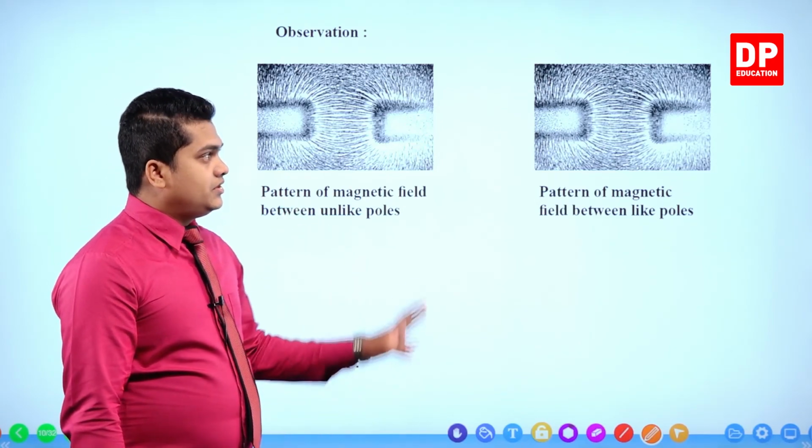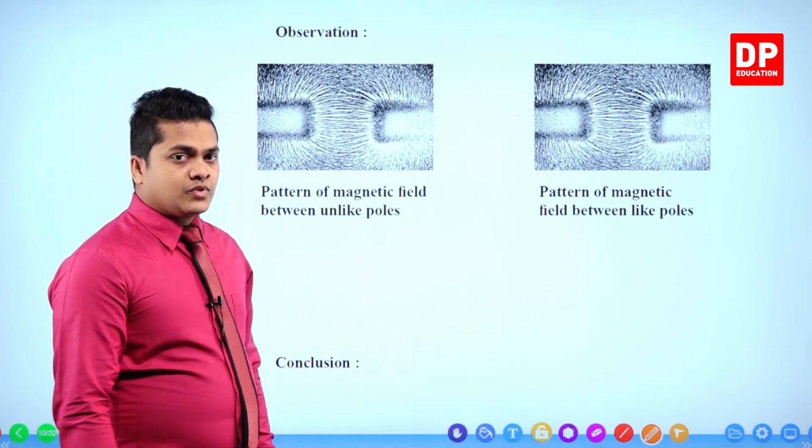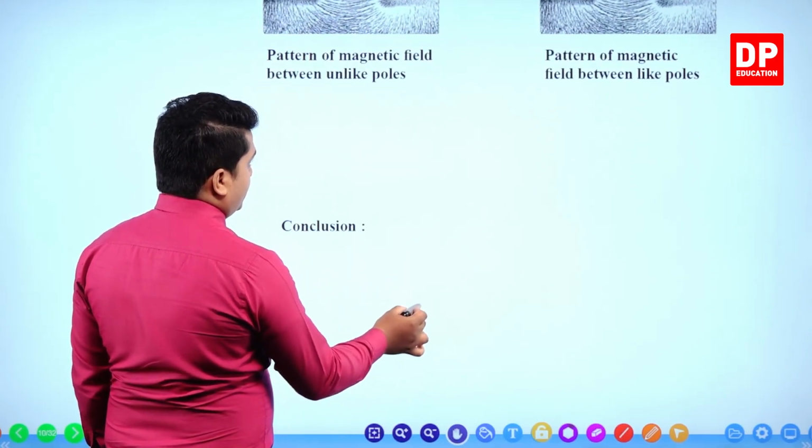Then we could observe these kind of imprints around the magnets, right? So in the conclusion we can write different patterns could be observed.